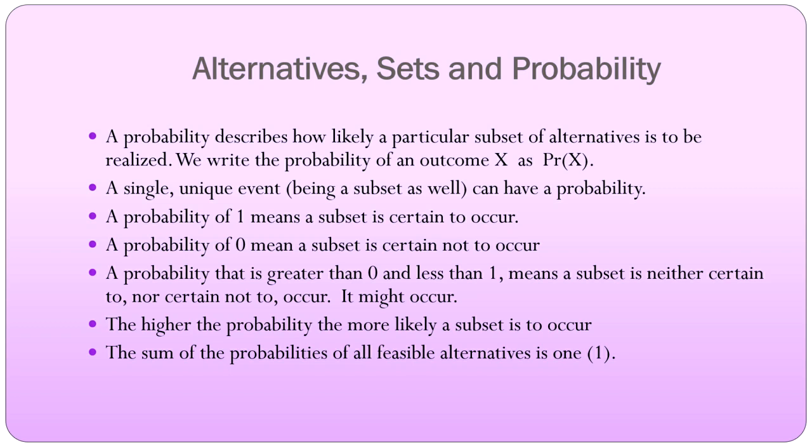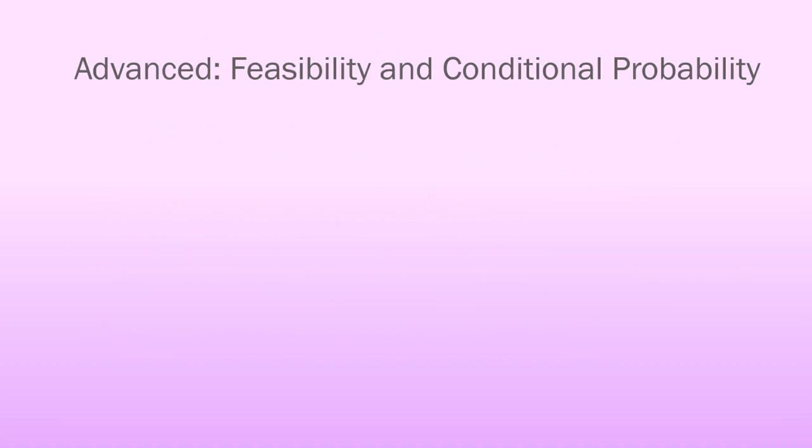And the sum of the probabilities of all feasible alternatives is going to be 1. In other words, out of what you can do or what could happen, something's going to happen. That's all that means. Okay? So when you look at all the things that could happen, one of them is going to happen. And so the probability over all the feasible alternatives is going to be 1.